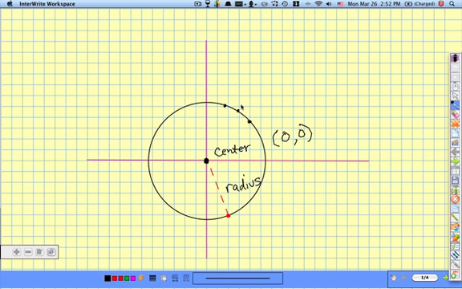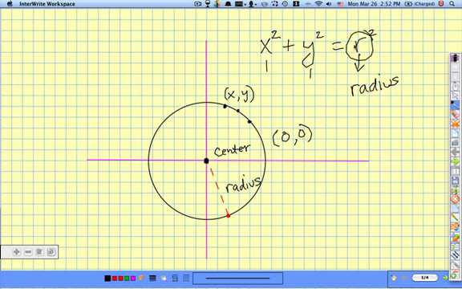All these points can be represented by the equation x squared plus y squared equals r squared. X is the x coordinate, y is the y coordinate, so each one of these coordinates, x, y, if you square them, will equal r squared, which is your radius squared. Okay, so r is your radius.